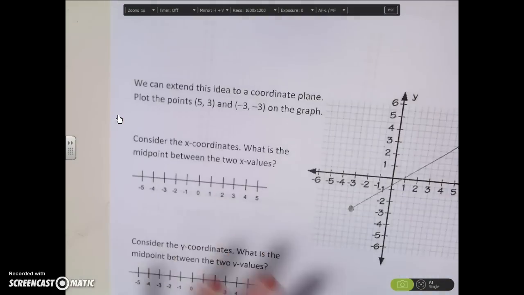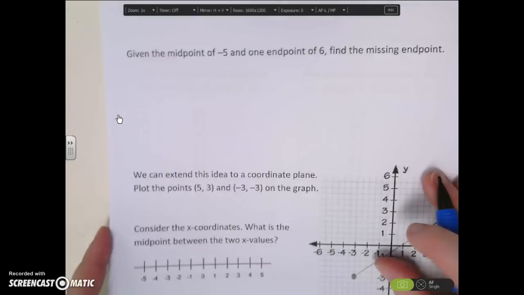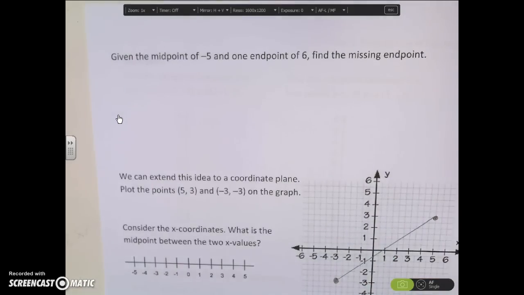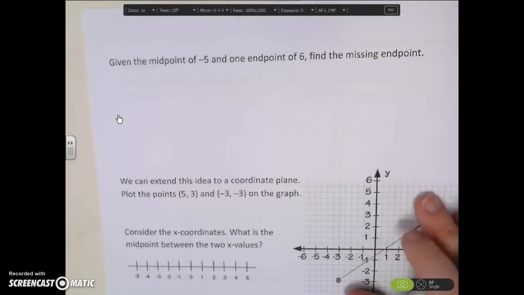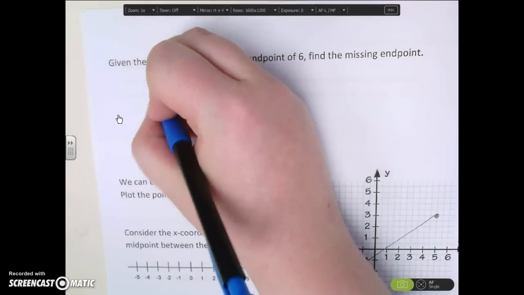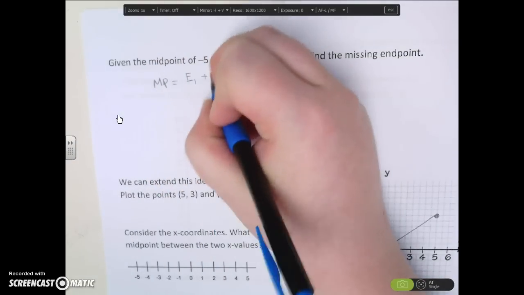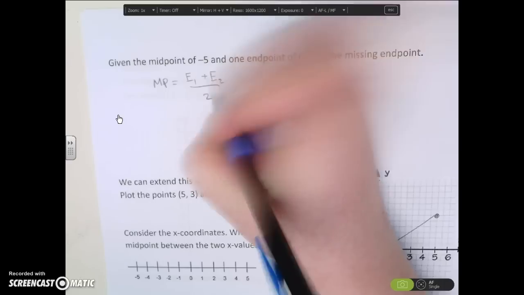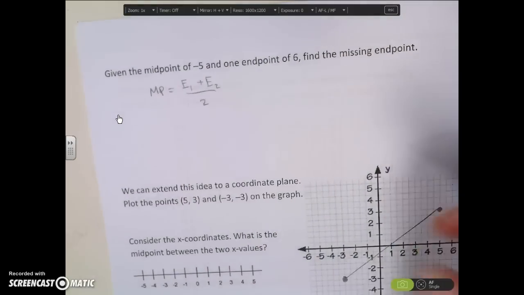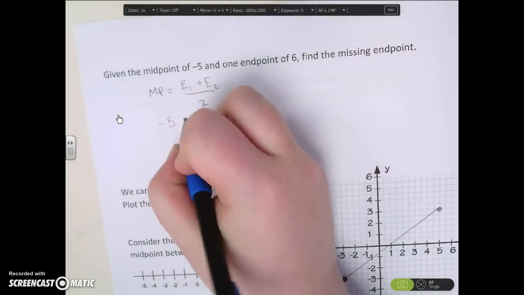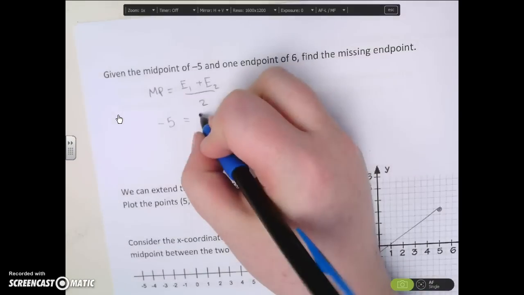Now, given the midpoint and an endpoint, could we find the missing endpoint? Well, we could, because again, the midpoint is the average of your 2 endpoints, endpoint 1 plus endpoint 2 over 2. So I'm going to plug in. My midpoint is -5. One endpoint is 6.